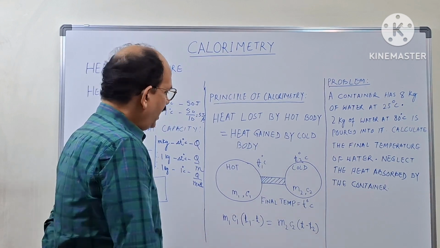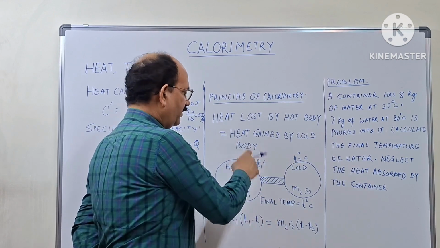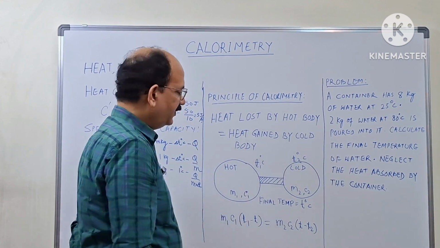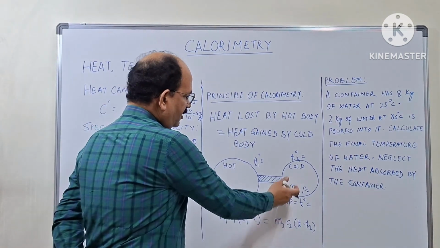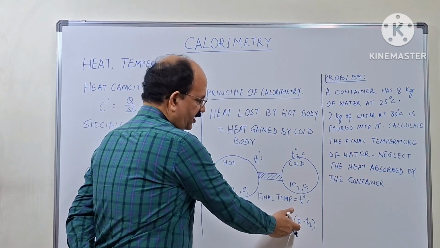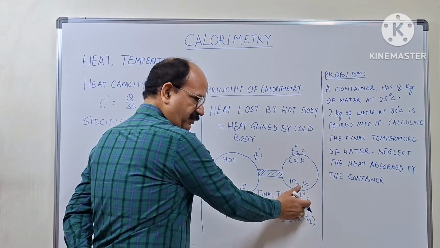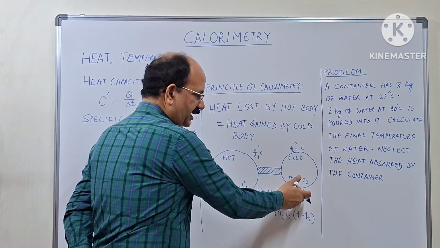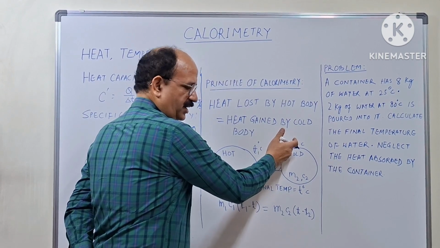Okay. And the colder body is gaining heat. Whatever heat is lost by the hot body is gained by the cold body. So for it, again the same formula will be used, but in this case the mass of the colder body is M2, the specific heat capacity of the colder body is C2, and T is the higher temperature. This cold body has got its temperature increased to T degrees Celsius from a lower temperature T2.